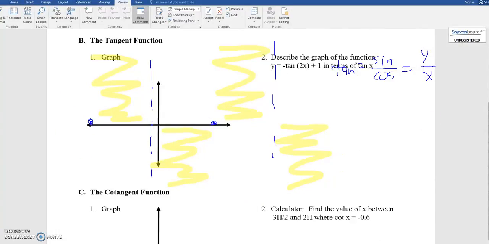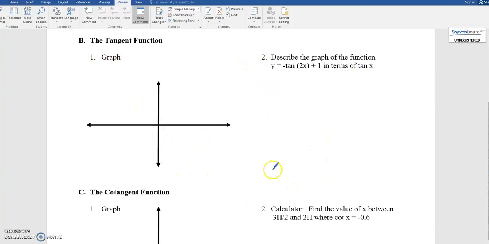Okay, so I need to erase all of this. There we go. Okay, so the graph of tangent. First, we just want to take a little bit of time and get that graph written out. I just did the cycle from 0 to 2 pi on Sketchpad. Here I want to show you 2 cycles. So we're going to go all the way to 2 pi on the right side, all the way to negative 2 pi on the left side.